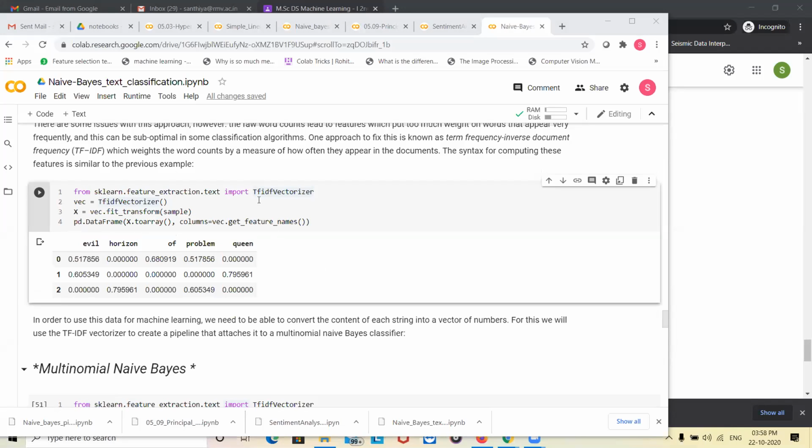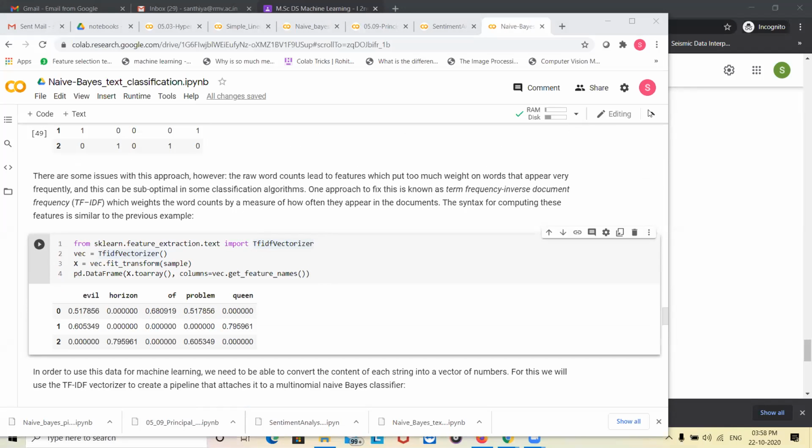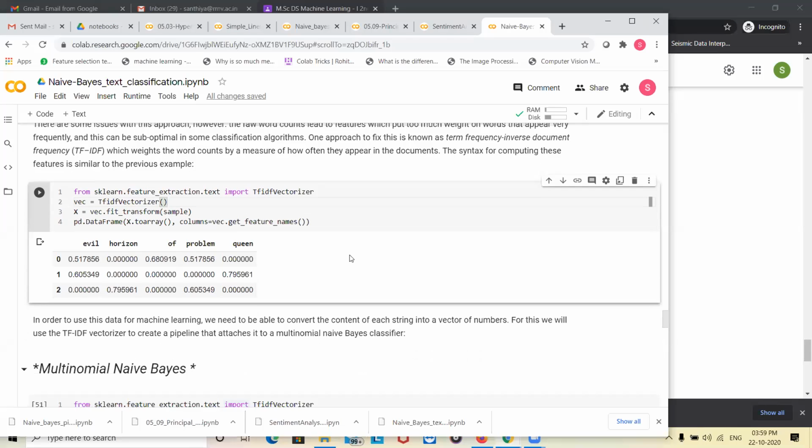So how TF-IDF actually overcame the problem with count vectorizer was that TF-IDF weights the word count by a measure of how often the words appear in the document. So there was a weight factor coming into it, and through this way, it was not merely the count, but the weight factor gave importance to the appearance of words. So this is how TF-IDF gave weight to our words.